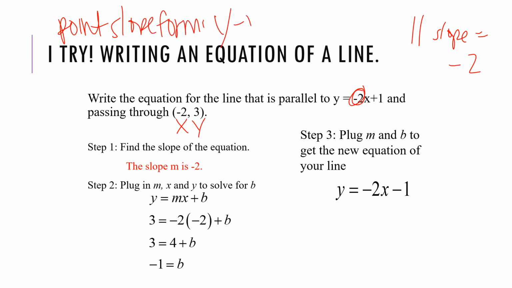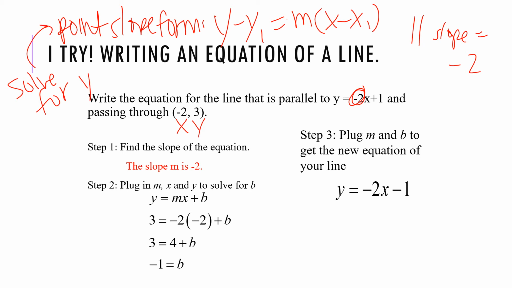You can also use point slope form, which is y minus y1 equals, whoops, I screwed that up. Try this again. y minus y1 equals m times x minus x1, and then solve for y. So I'm going to plug that in here. I'm going to have y minus 3, because this would be my y1, equals my slope times x minus x1, which is a negative 2.